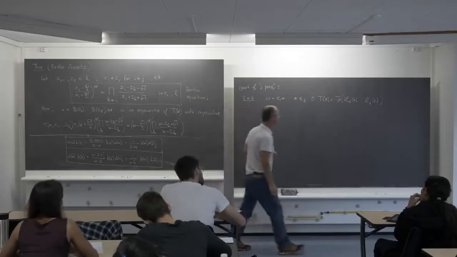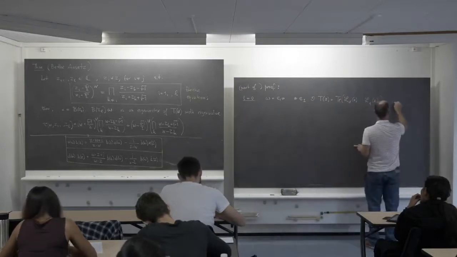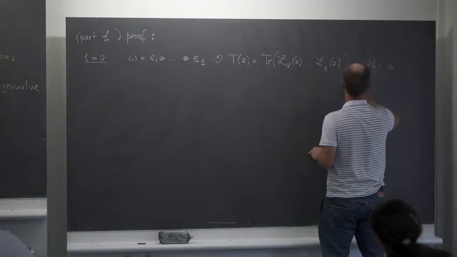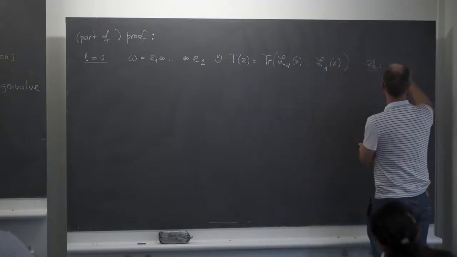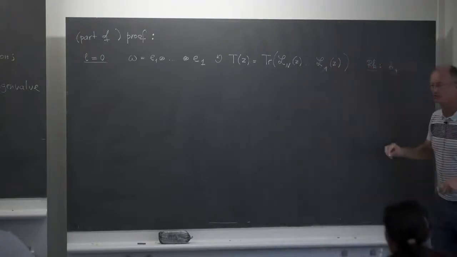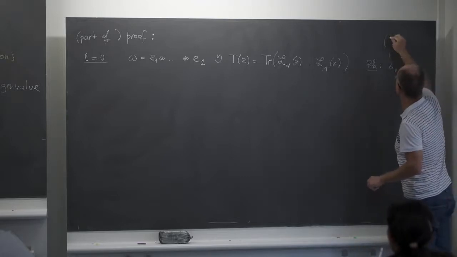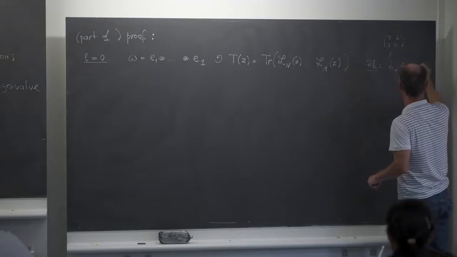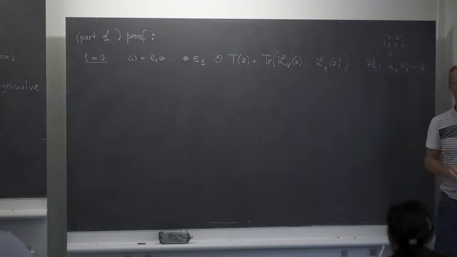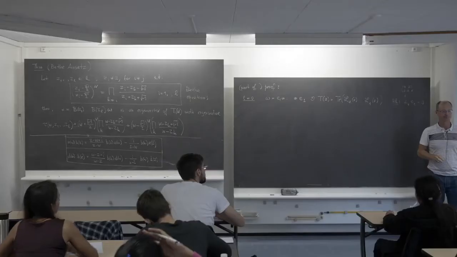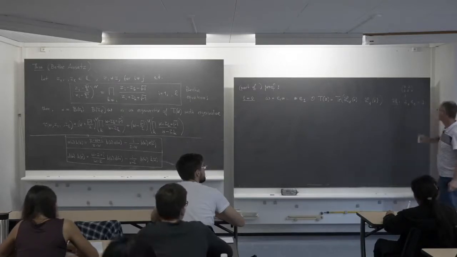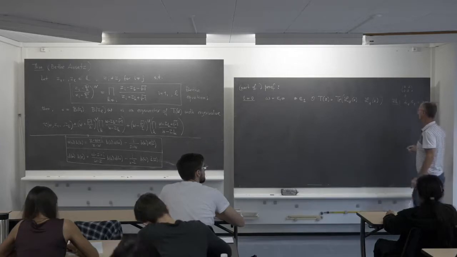Now, a small remark. The operator sigma plus, so this is this operator, acting on the vector E1, gives you 0. So this actually means the following.